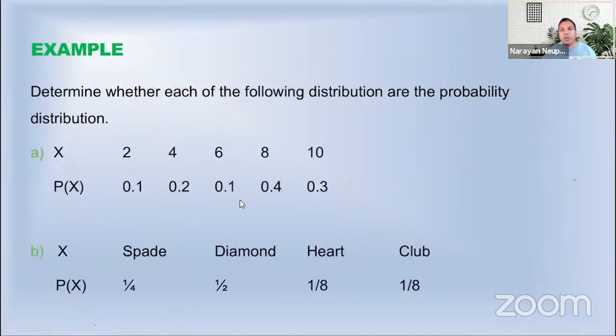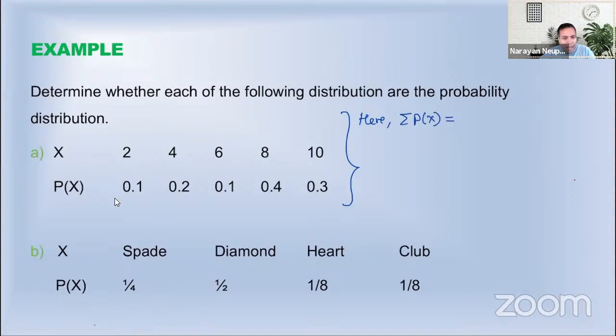In the first example, we learned how to create the probability distribution. Now in this one, we need to check whether this is a probability distribution or not. Determine whether each of the following distributions is a probability distribution. To check this, you know that the sum of all probabilities must be 1 and all probabilities must be between 0 and 1.